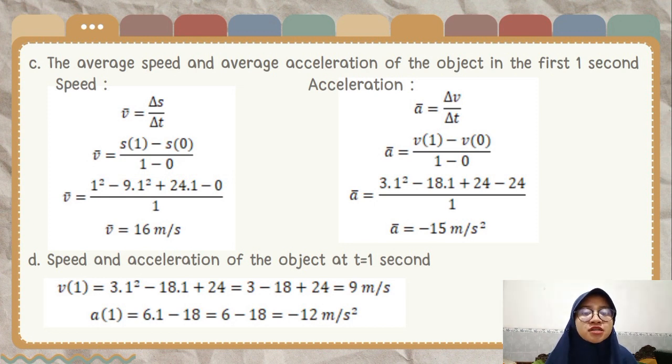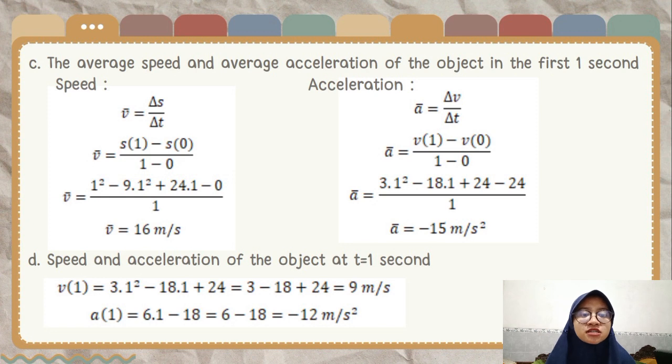And then we substitute the value and we get (1^3 - 9 times 1^2 + 24 times 1 - 0) over 1. So the v bar is 16 meters per second.